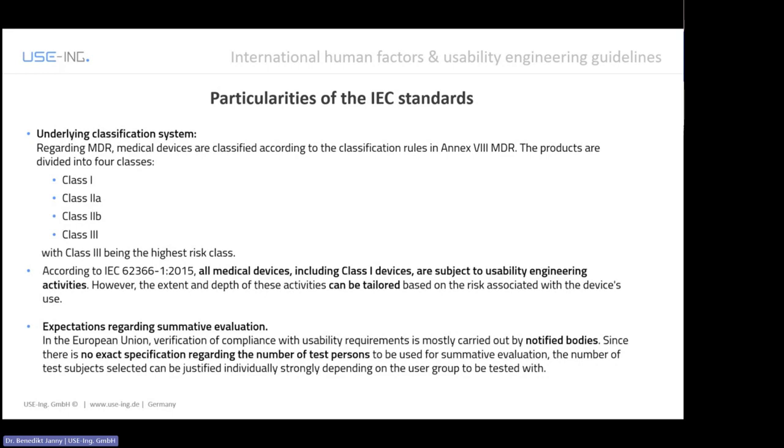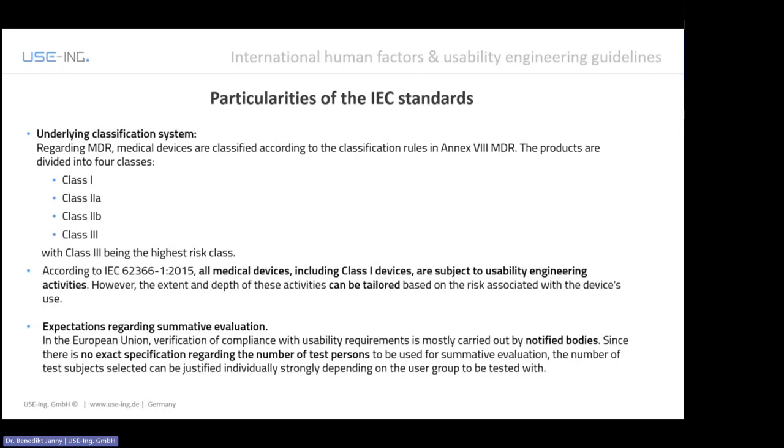Let's talk a little about the standard's expectations regarding summative evaluation, because for most people this is very interesting and important. In the European Union, verification of compliance with the usability requirements is mostly carried out by notified bodies.